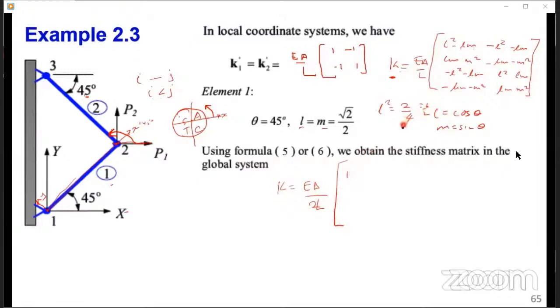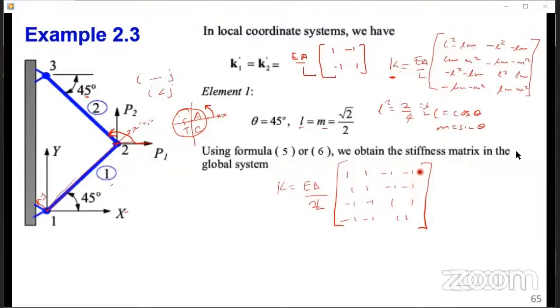So you're going to have 1, 1, minus 1, minus 1; 1, 1, minus 1, minus 1; minus 1, minus 1, 1, 1; minus 1, minus 1, 1, 1, as the stiffness matrix for element 1. So you can see the application is very easy, very easy indeed. Only that you have to be careful with the sign convention, how you read the angles.